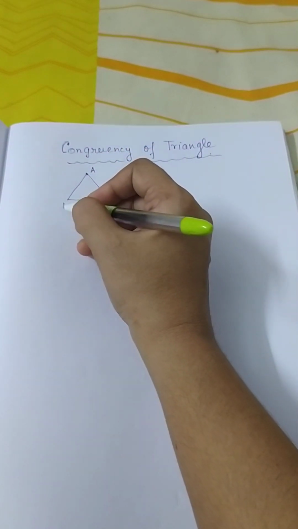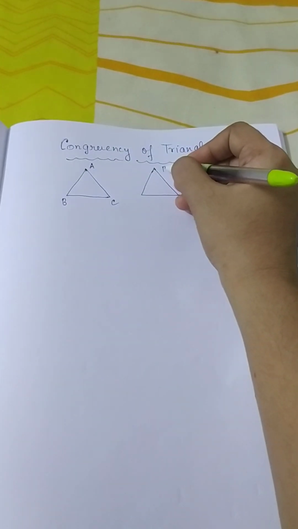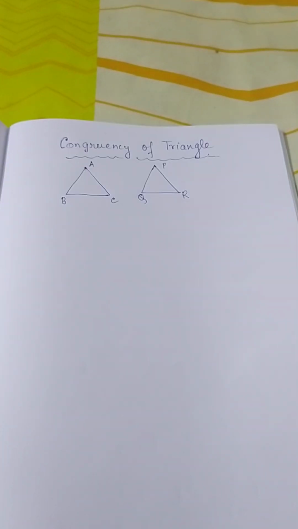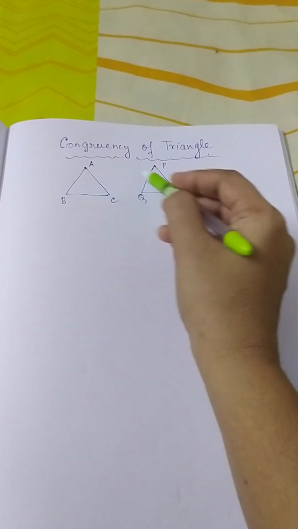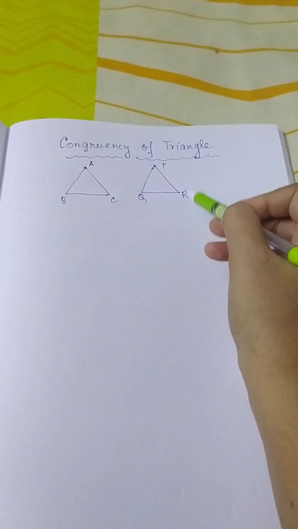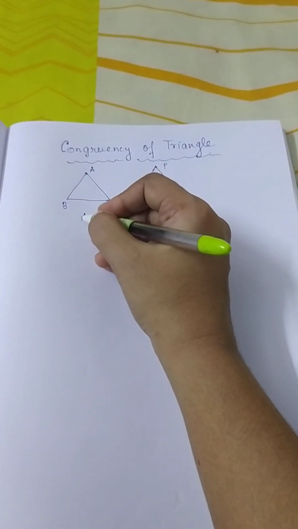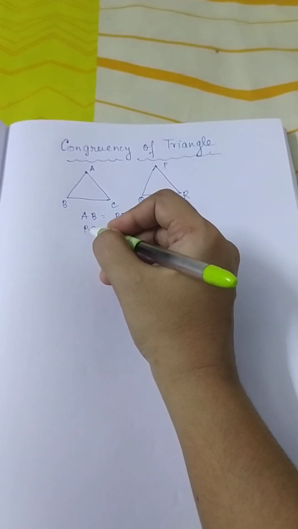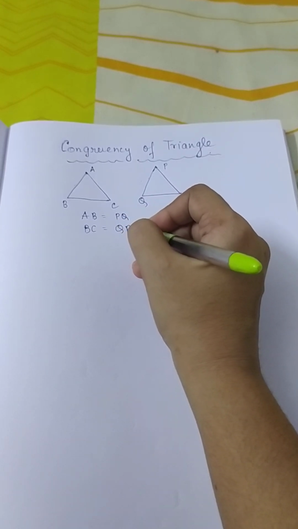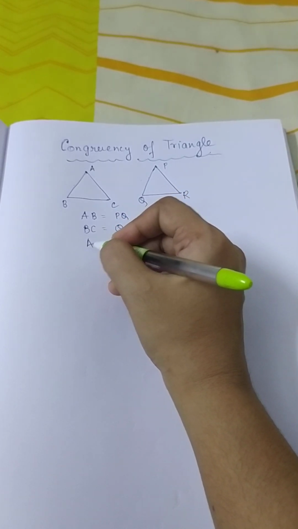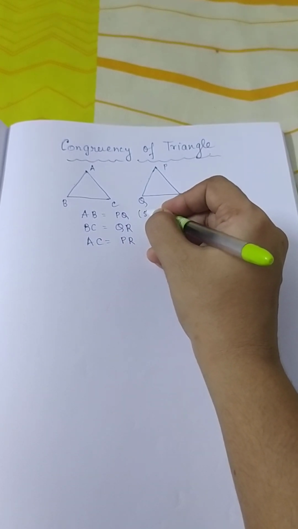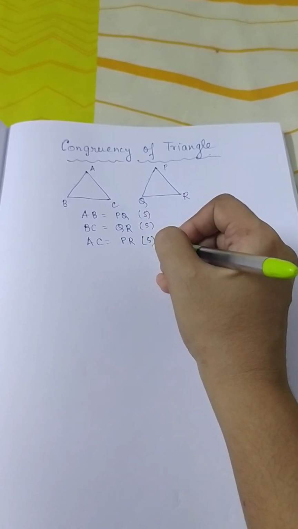One triangle I am naming A, B and C. Another triangle I am naming P, Q and R. Rule number 1: if the sides of the triangles are equal, that means if AB is equal to PQ, BC is equal to QR and AC is equal to PR, that means it is side, side and side.